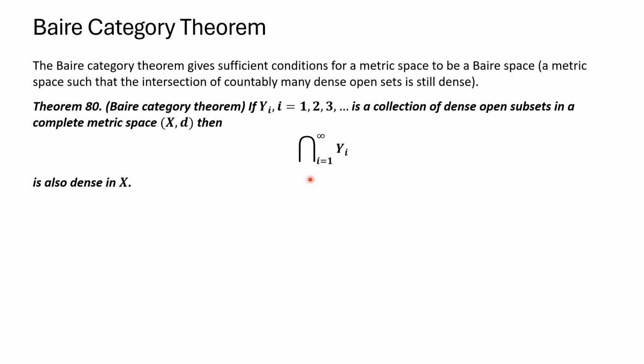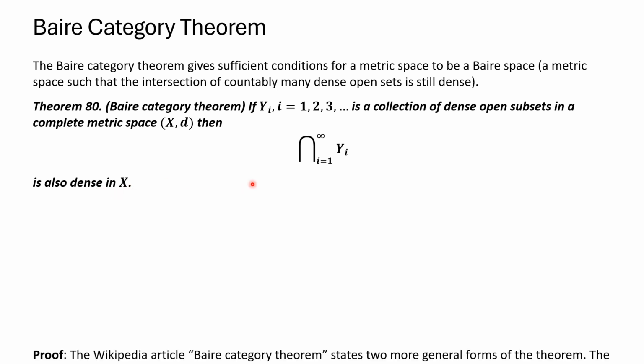Not everything is in the intersection. And it's not just a finite collection; it's a countable collection of these, and still you're forced to have a dense subset of X, which is interesting, to say the least.